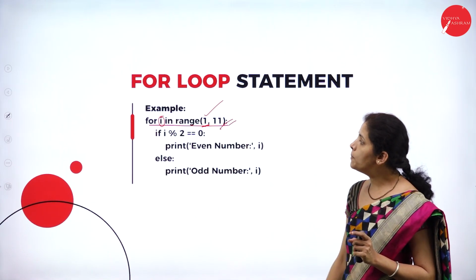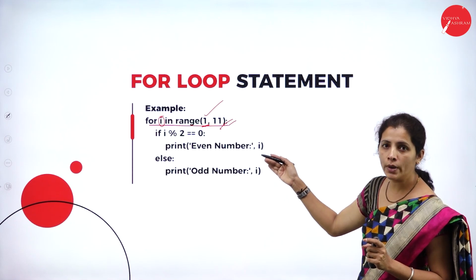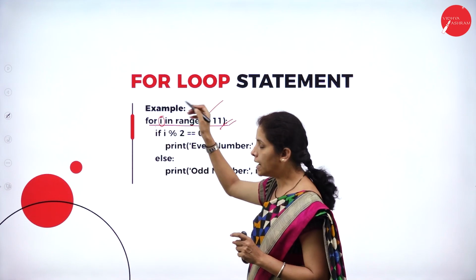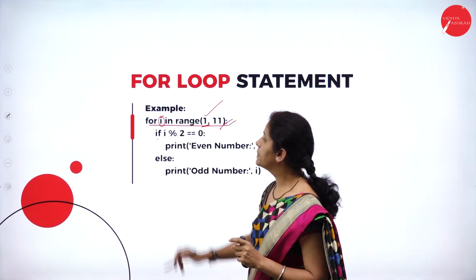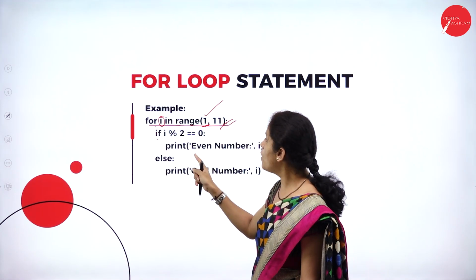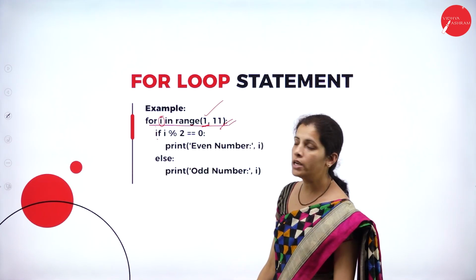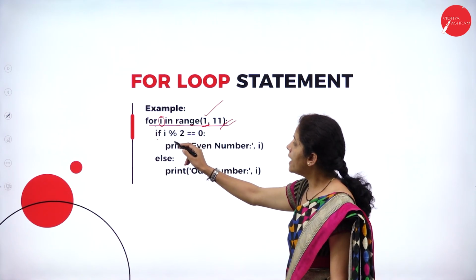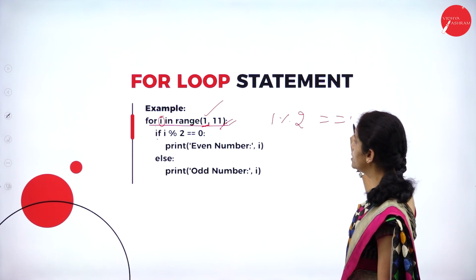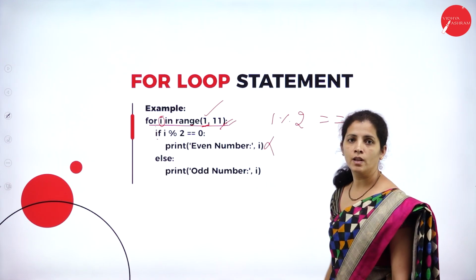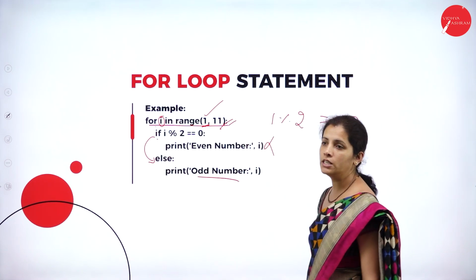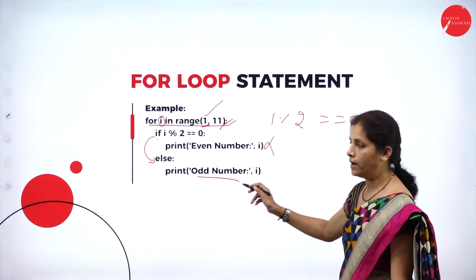Now tell me how many times this for loop is going to execute. That is 11 times. Now, I'm going to check if i mod 2 equal to 0. What is i? i is 1. 1 mod 2 equal to 0, the condition is false. Now, it's going to execute the else part and display odd number 1.